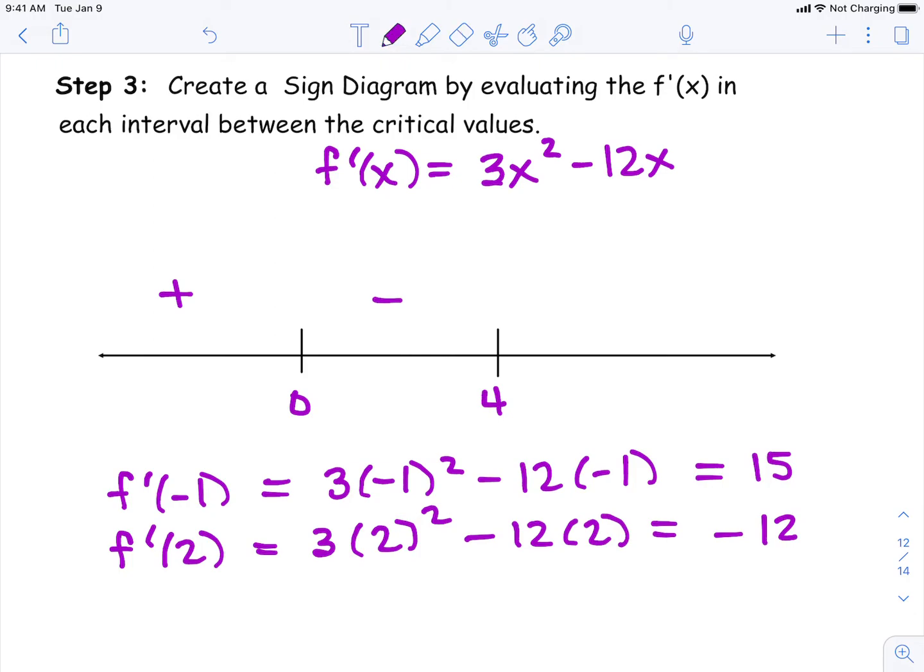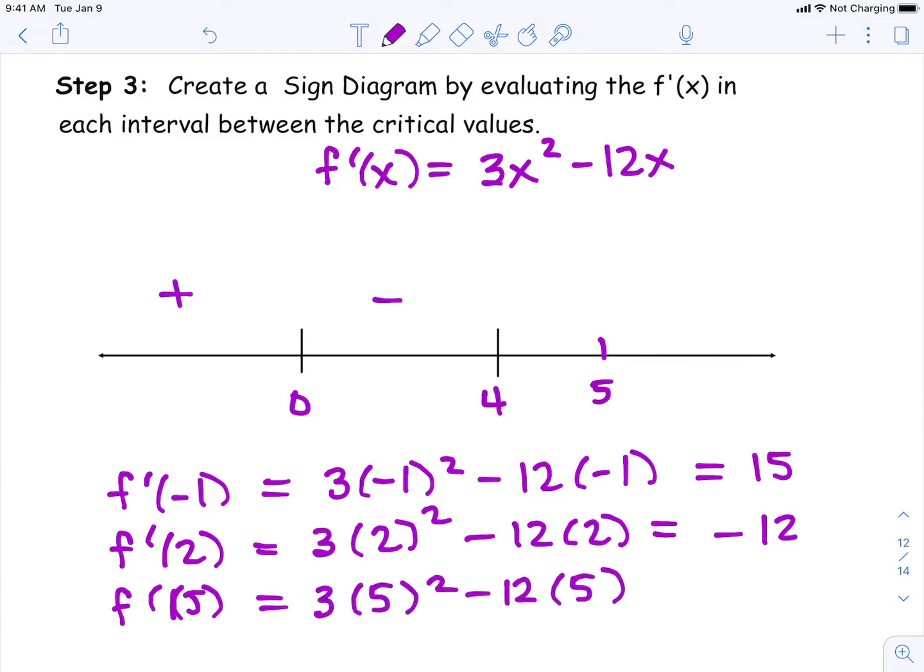And now let's try a number to the right of 4, so I'm just going to choose 5. And we get 15.